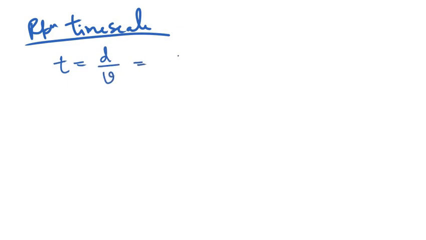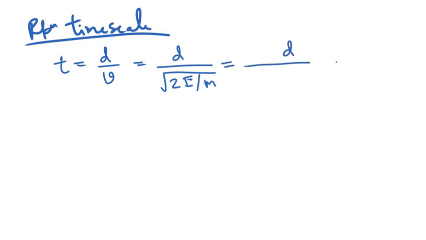Again I can write this as d by non-relativistic expression for velocity. If I consider, then this will be my expression. Again this is equal to d by c into square root of twice E by mc square.